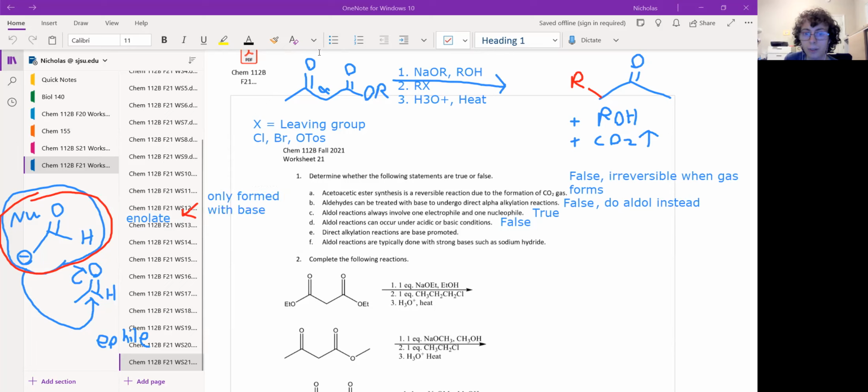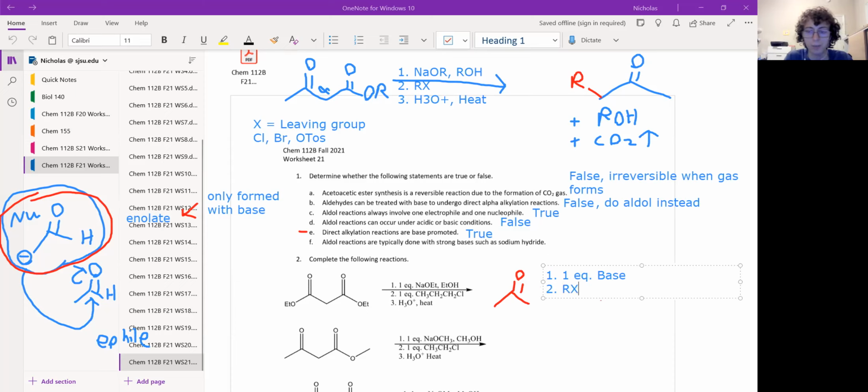Okay, next one. Direct alkylation reactions are base promoted. It's true because in direct alkylations, as an example, you add one equivalent of a base.